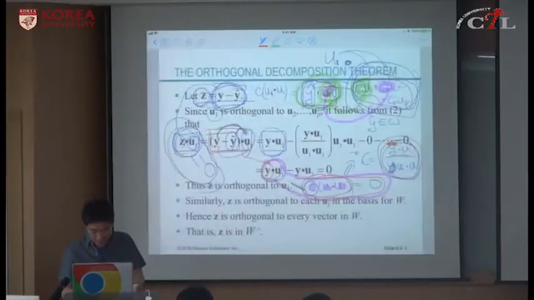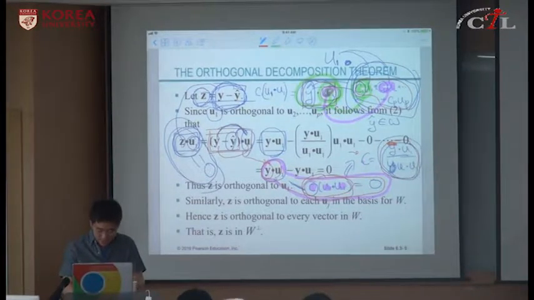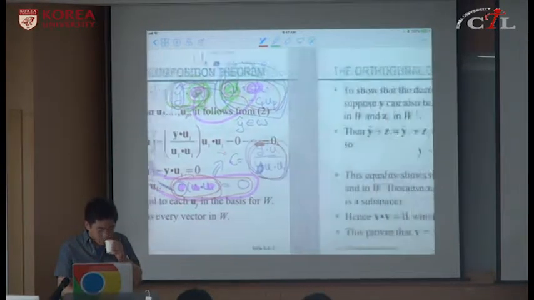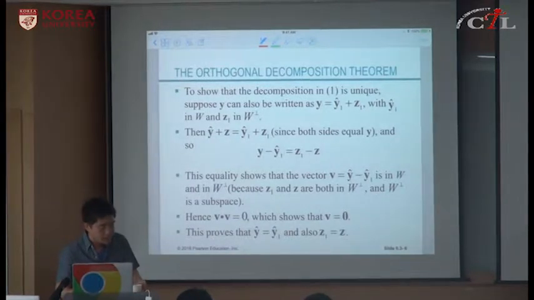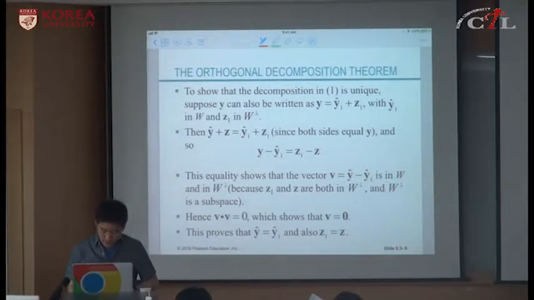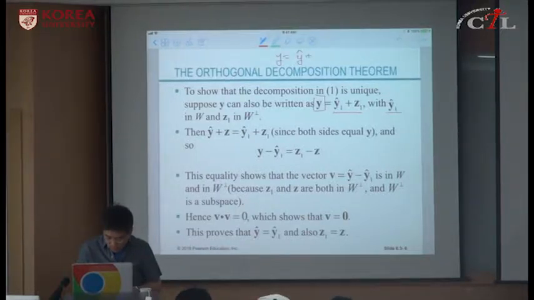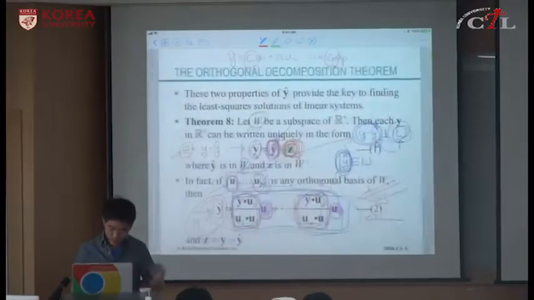Now let's think about the uniqueness question, which can be proved as follows. Given a particular y, suppose you have two different forms of this decomposition. You initially have this particular decomposition where y hat is defined by this formula.